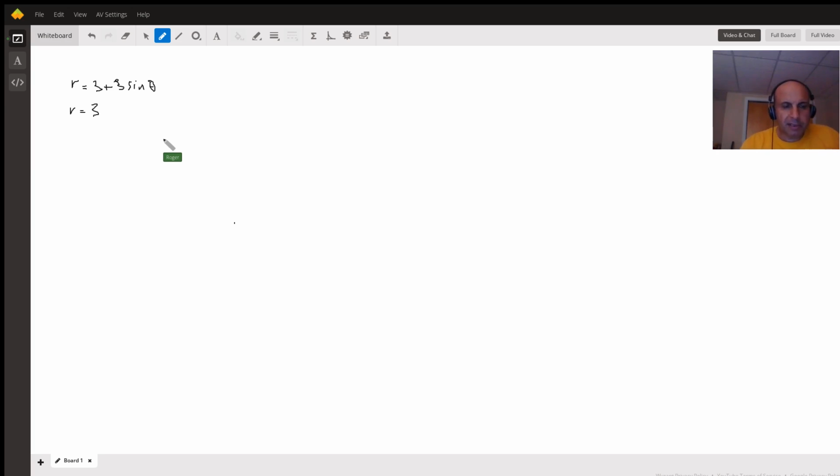So what are these two curves? This r equals 3 plus 3 sine theta is a polar form of a curve, and r equals 3 is also a polar form of a curve. Well, it's actually a circle with a radius of 3 units.